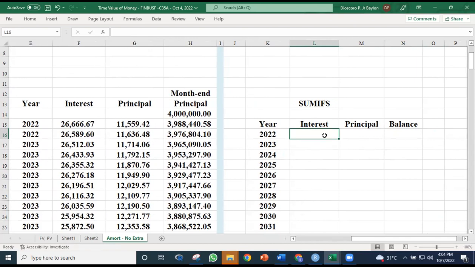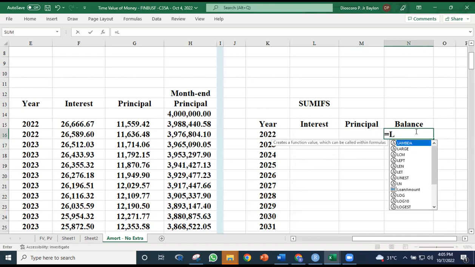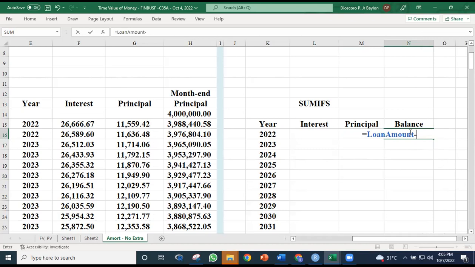Isang formula lang yan guys. Ha? Isang formula na ikokopya ko yan sa principal. Pwede. Kasi si principal, ito naman yung i-add natin. Pero pare-pareho lang years sila. Okay? And then yung balance will be yung 4 million, yung loan amount natin, minus yung principal natin. Okay?